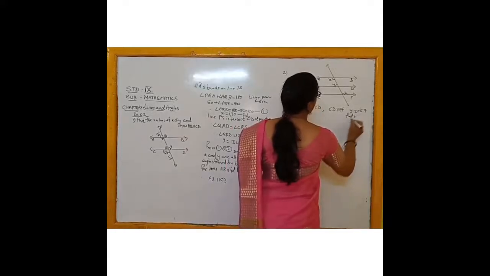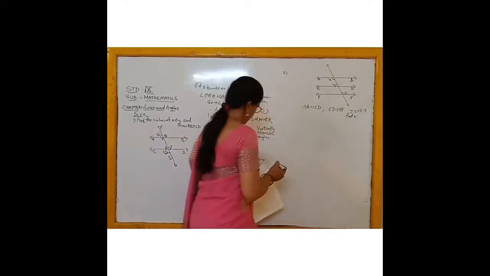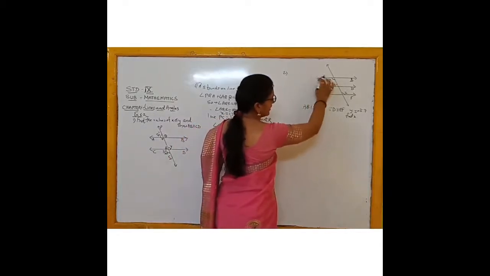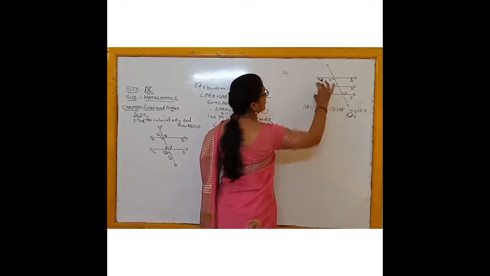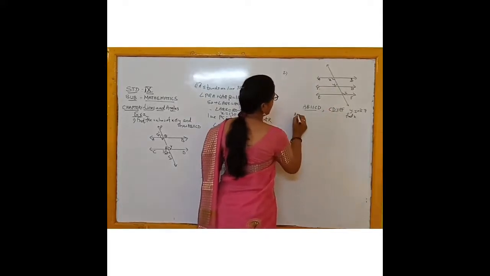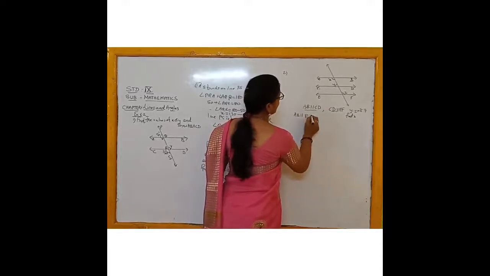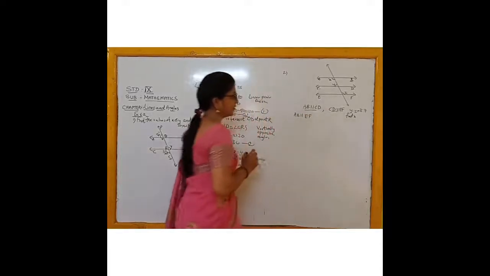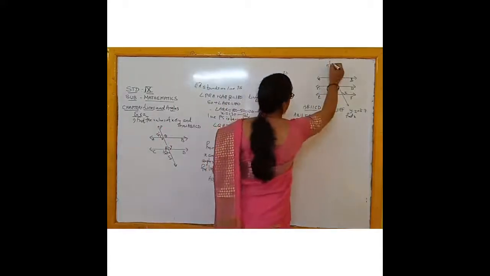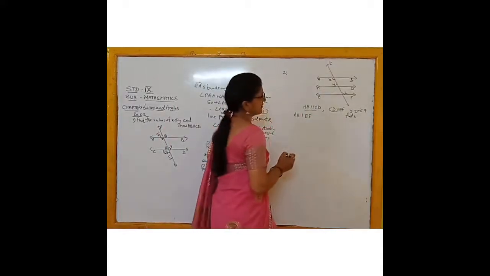Now AB is parallel to CD, then CD is parallel to EF. From this we can write AB is parallel to EF. If AB is parallel to EF, then this is the transversal T.